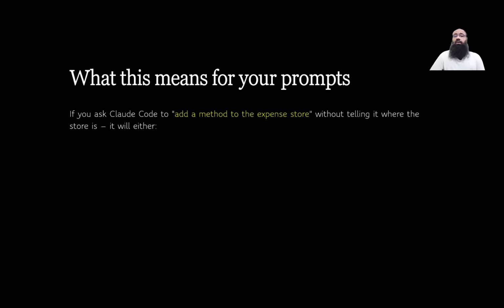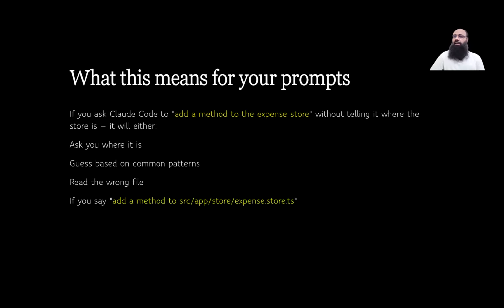What does this mean for your prompt? If you ask Claude Code to add a method to the expense store, without telling it where it is, what does it do? Either it will ask us, or it will guess based on common patterns, read the wrong file and go ahead and create something.